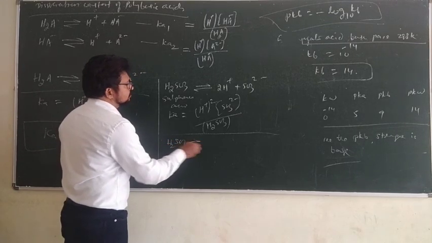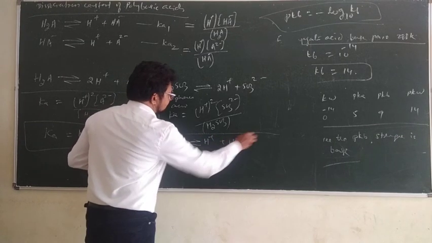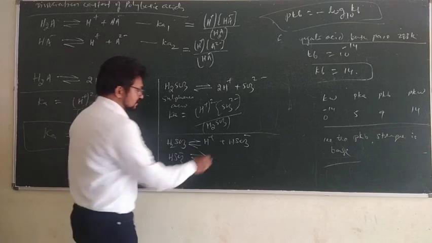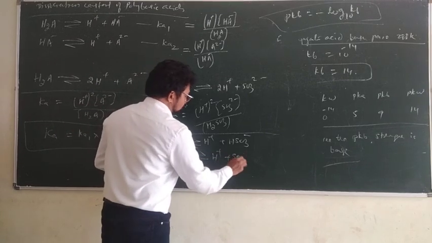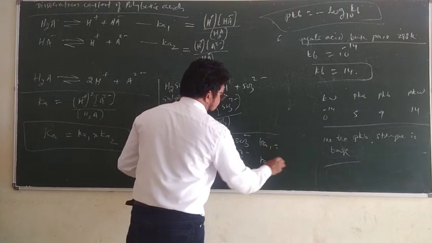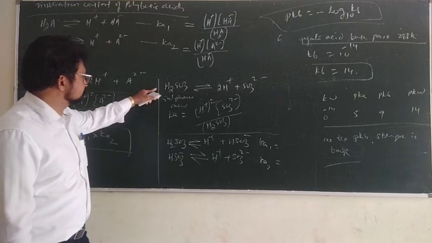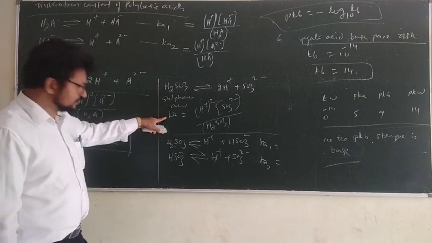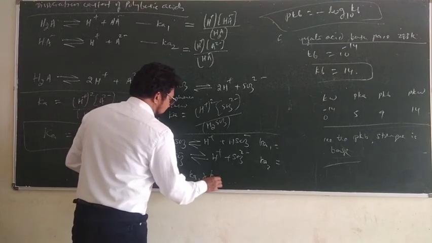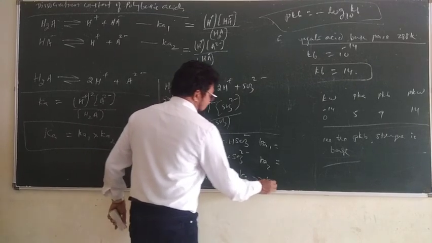H2SO3 gives H plus and HSO3 minus. Next, HSO3 minus gives H plus and SO3 2 minus. So this is K1, this is K2. How are K1 and K2 related to K? K equals K1 into K2. So here K1 is greater than K2.